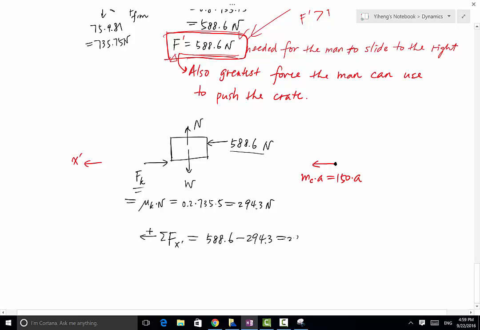That equals 294.3, and that equals, according to my kinetic diagram, 150 times a. From here, you can solve for acceleration: a equals 1.96 meters per second squared. That answers the second half of this problem.